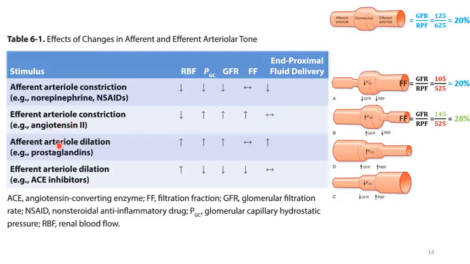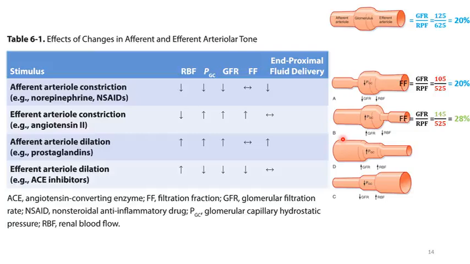Let's consider the dilation of afferent and efferent arterioles. Prostaglandins are compounds that have a relaxing effect on smooth muscles. So when they are released locally, they will dilate the afferent arteriole.